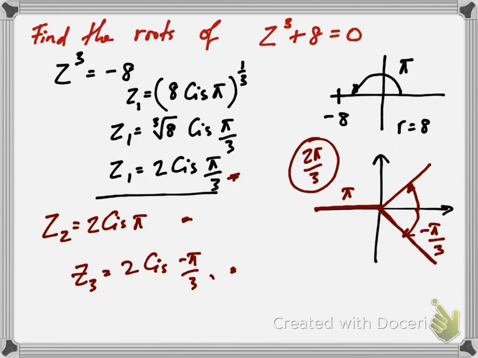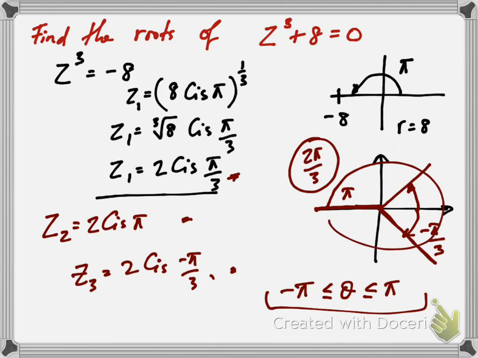Now usually you don't use the range 0 to 2 pi. It actually falls between negative pi less than or equal to theta less than or equal to pi, which is 360 degrees. Cool, let's do some more.